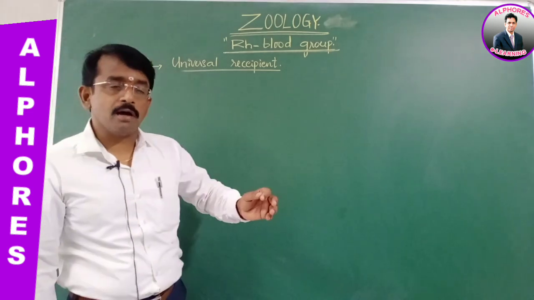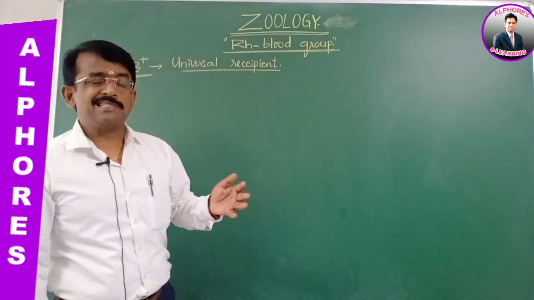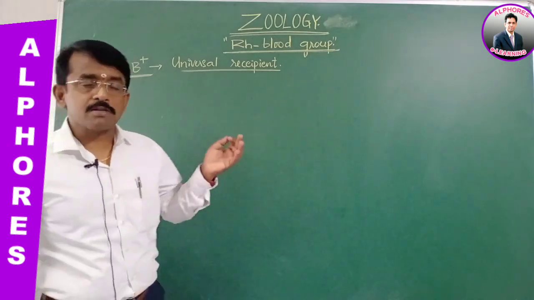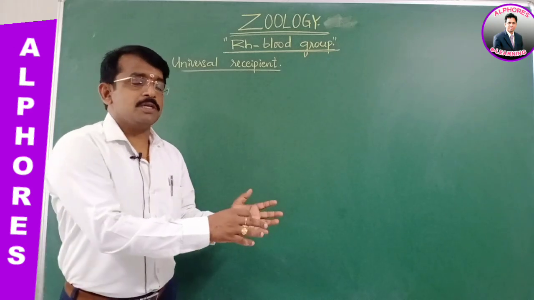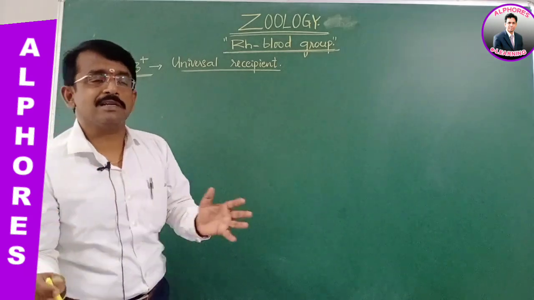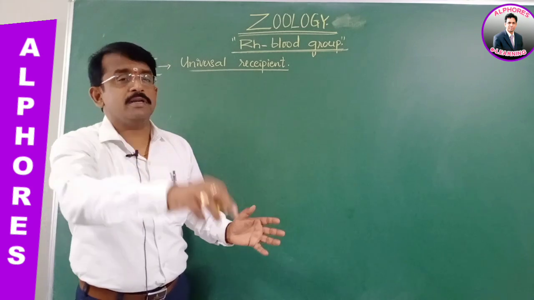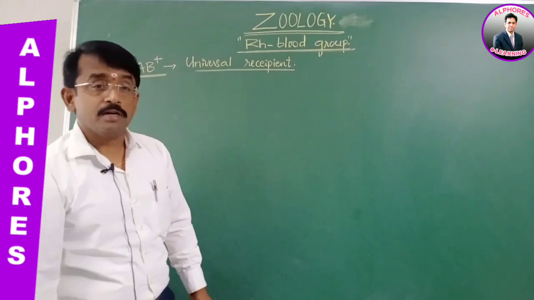Which means if you donate a blood group of one kind and the recipient is of another type, that results in genetic incompatibility, where if A blood group is given to B, that is genetic incompatibility. Here particularly positive and negative will be of more importance to be discussed.